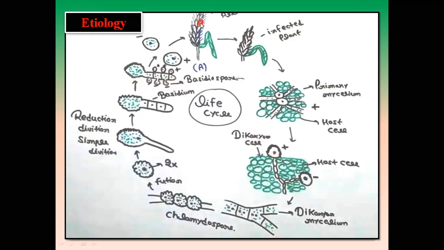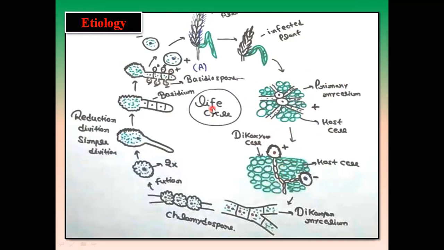So the infected airhead has grains, and some of these grains are converted into smut sori. Means the primary infection, this primary mycelium and secondary mycelium, infect the developing grains. These developing grains are totally converted into smut sori, means actually black spore mass is produced.